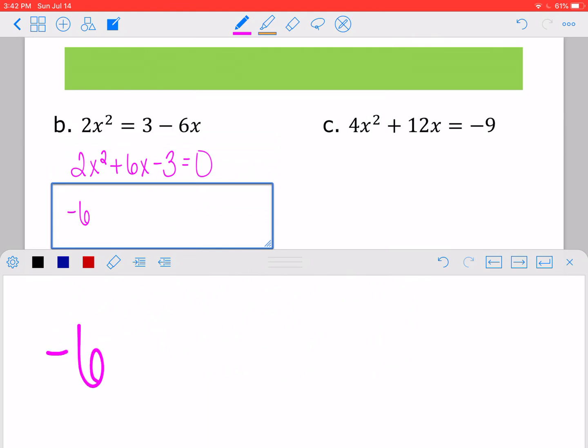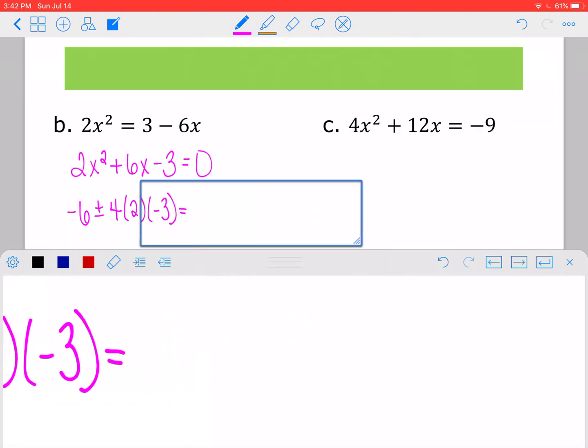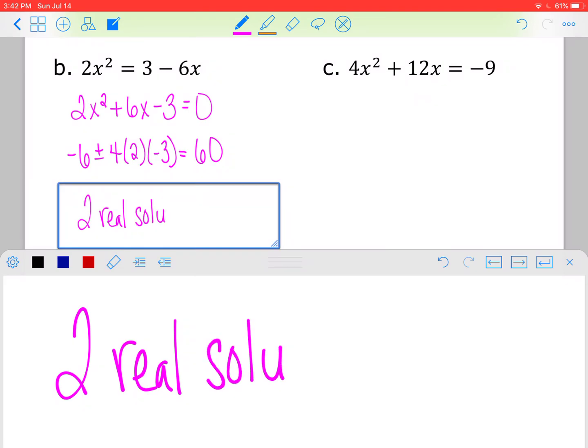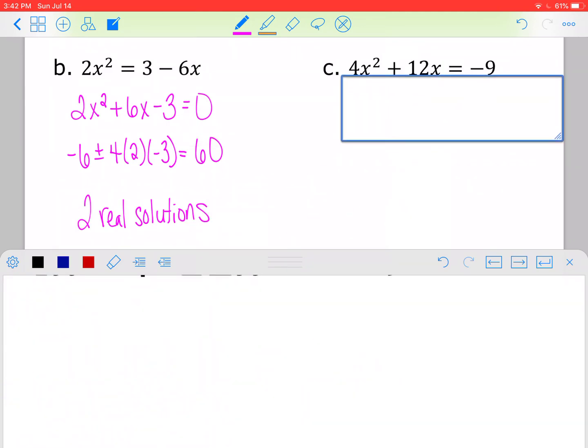And then this one, again, need to get everything on one side, so we're going to add 9 to both sides. So we've got negative b plus or minus the square root. Oh, no, I was trying to do the whole thing.